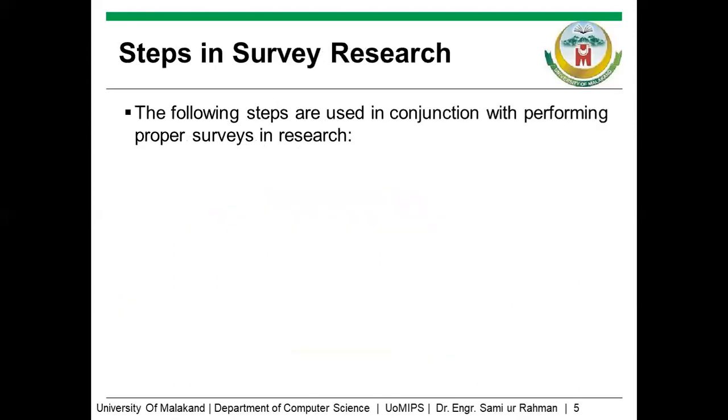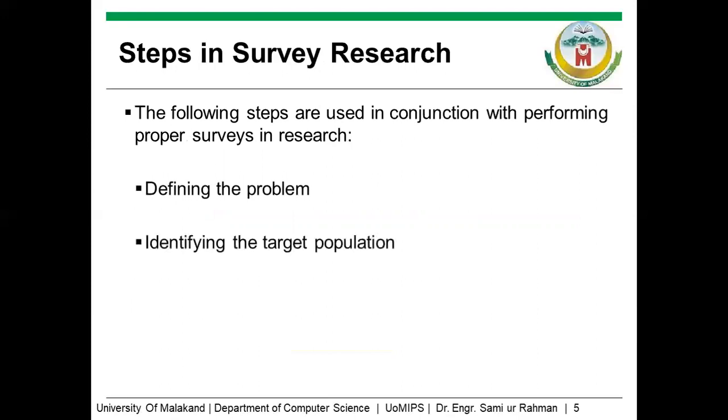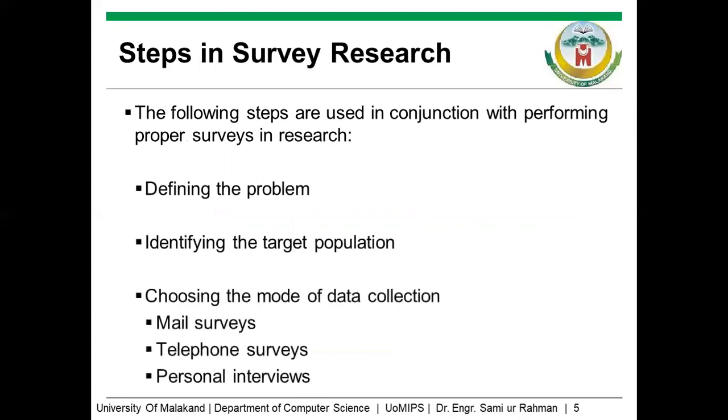So the following steps are used in conjunction with performing a proper survey in research. So what are the steps? Defining the problem, identifying the target population, and choosing the mode of data collection.